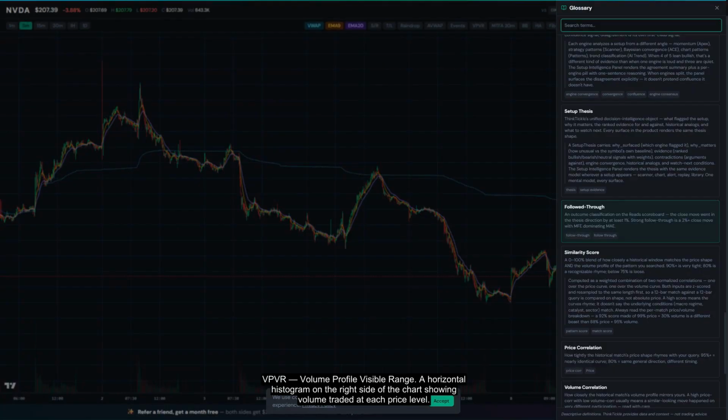VPVR, Volume Profile Visible Range. A horizontal histogram on the right side of the chart showing volume traded at each price level.